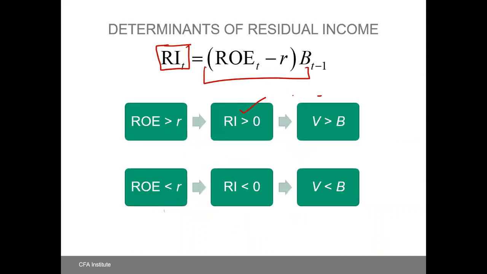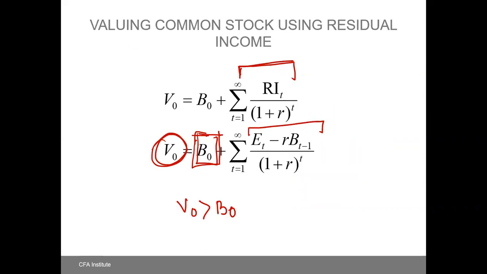If we have a positive residual income, what does it mean? This part will give us a positive number. If this part is a positive number and it is added to this, shouldn't the valuation be greater than the book value of equity?